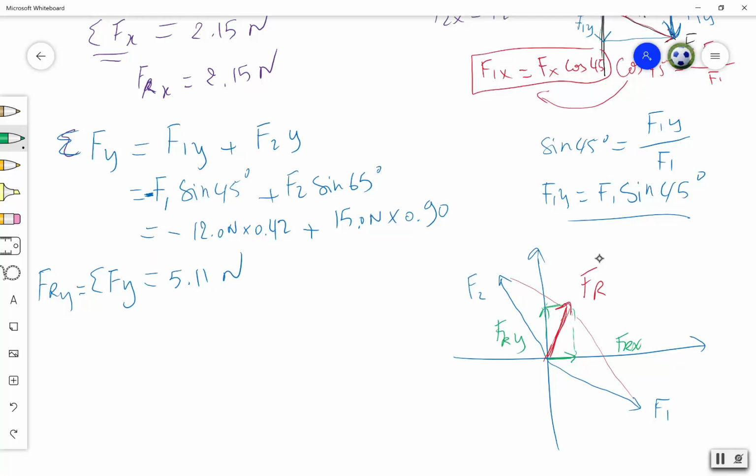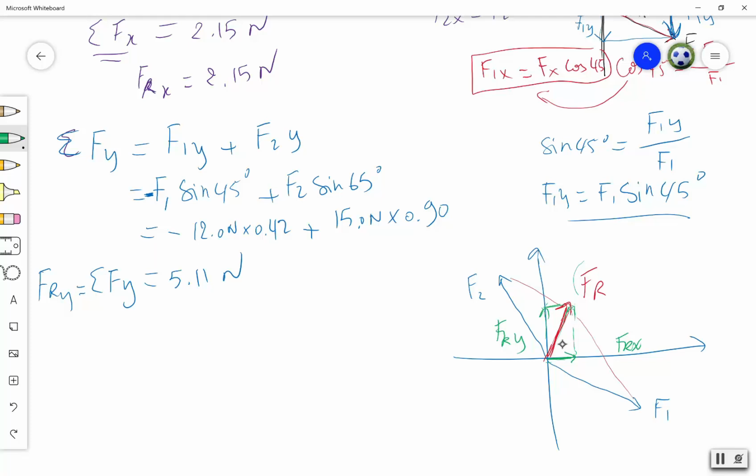How to calculate FR from FRy and FRx? Look at this triangle here. FR is the hypotenuse, FRx is one side and FRy is another side, right?